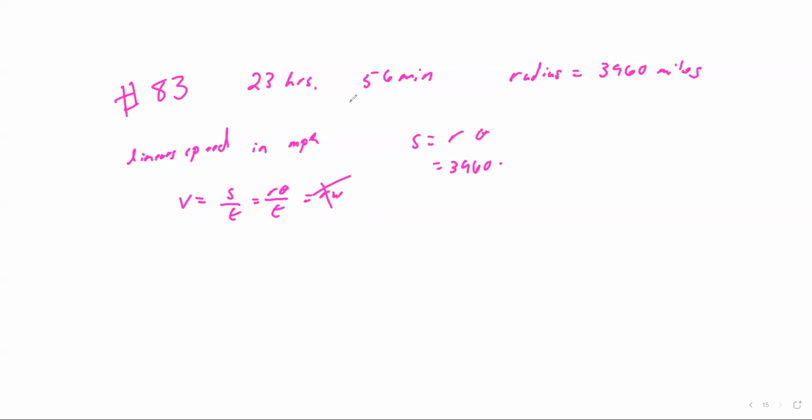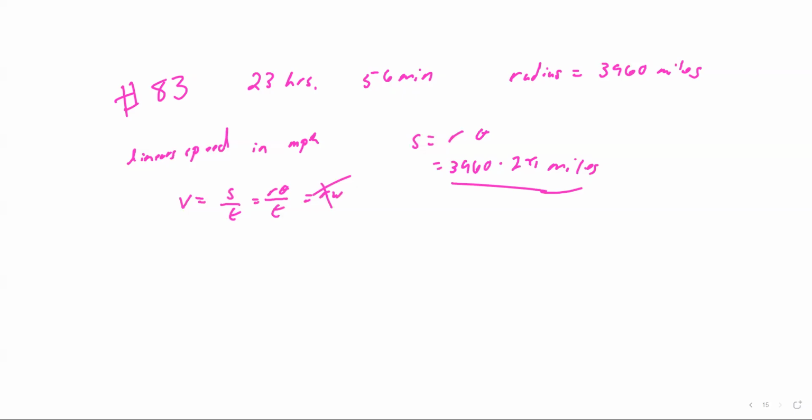My theta to go around the circle fully would be 2 pi. So now I have this formula divided by time. They want it in miles per hour, so this is miles, and then per hour, so I need to convert this.